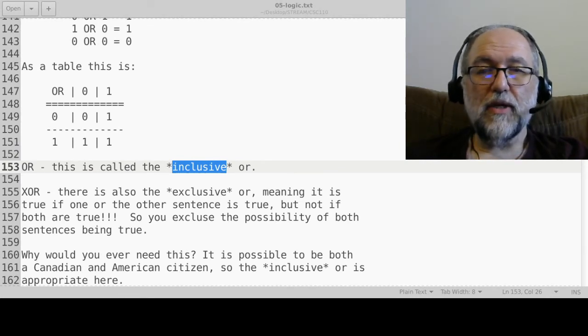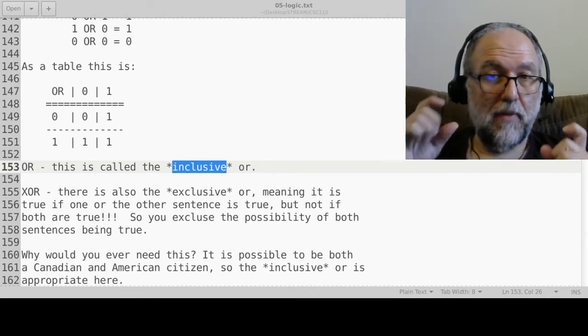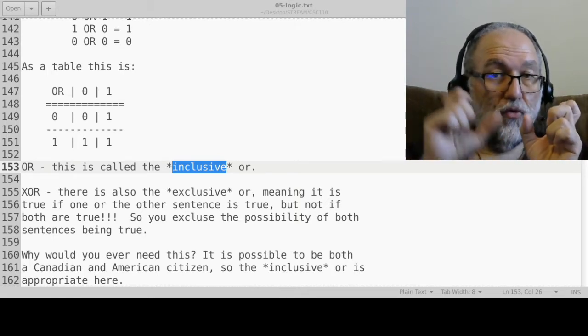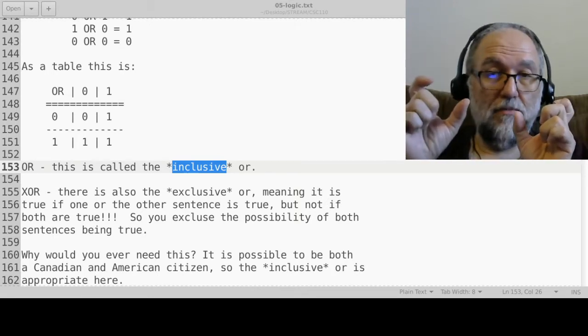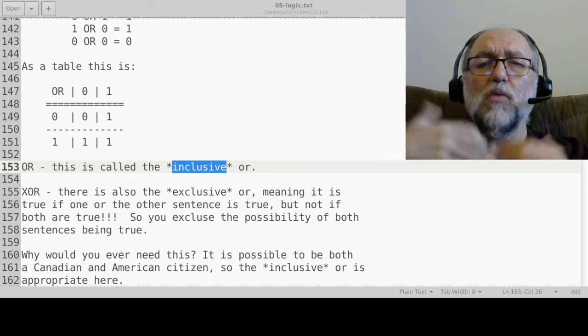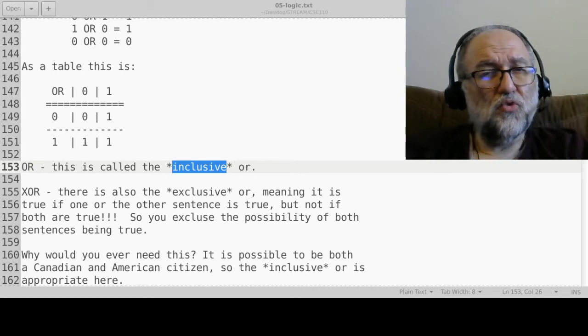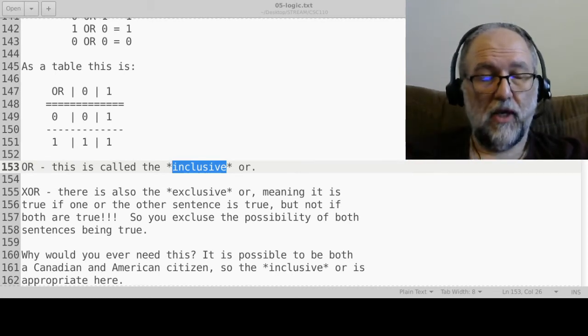The reason it's called an inclusive OR is because it's possible for both sentences to be true. One sentence can be true, and independently, the other sentence can be true as well. That's not always the case. Sometimes you're in a situation where if one sentence is true, the other one has to be false, or vice versa.